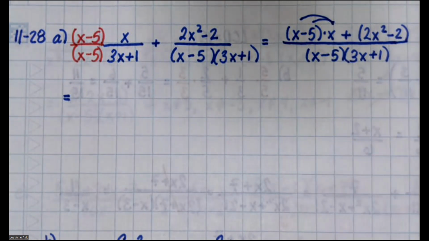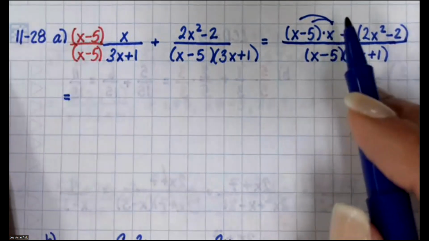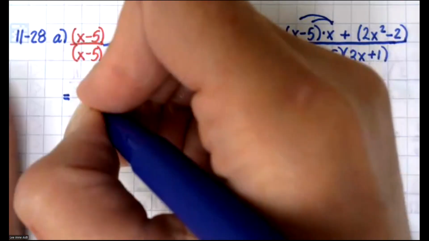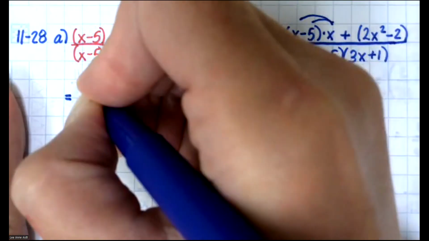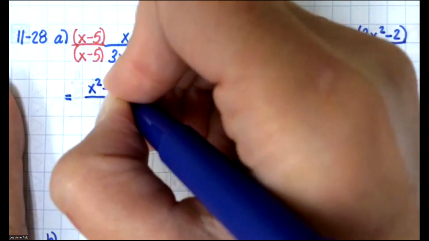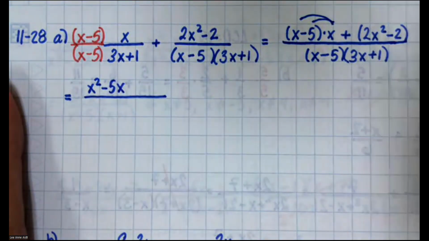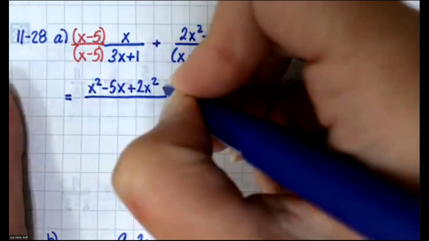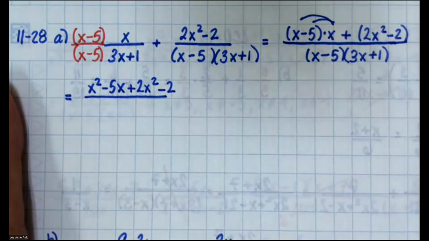Okay, anyway, over here, we're going to distribute. The x is on the right. It's okay. X times x is x squared minus 5x plus 2x squared minus 2.